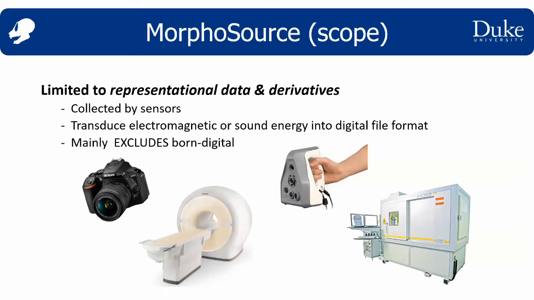So just to reiterate the scope of the site, it's limited to representational data and derivatives. So anything that is collected by a sensor, something that transduces electromagnetic or sound imagery into a digital file format. In other words, we mainly exclude born digital data that are constructed in 3D rendering software or highly modified in a way such as to not be relatable to a specimen that actually exists in the world.